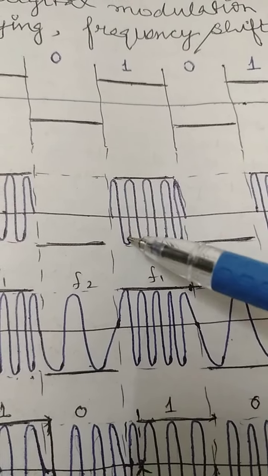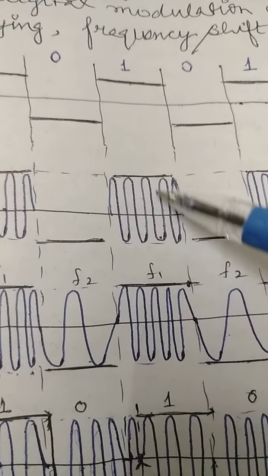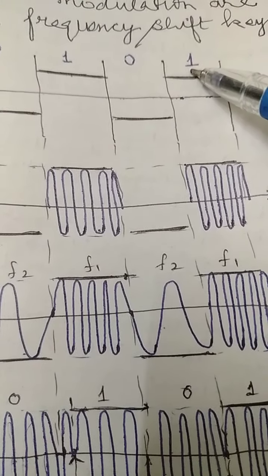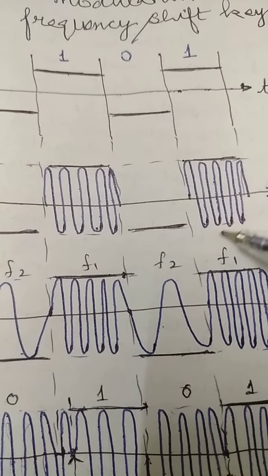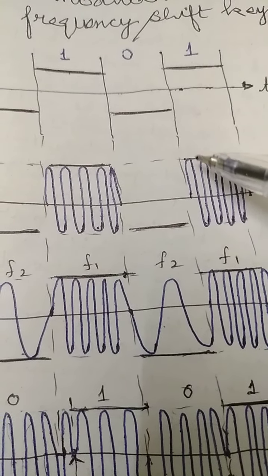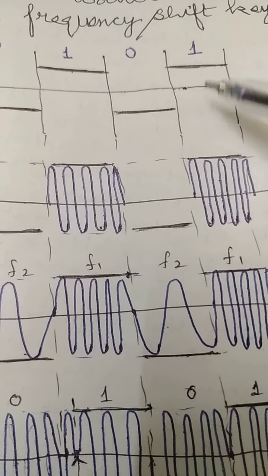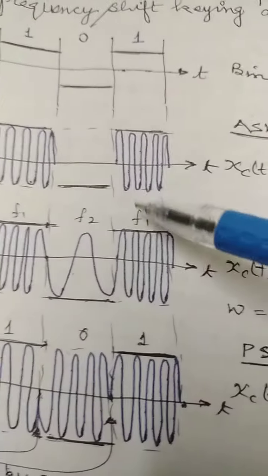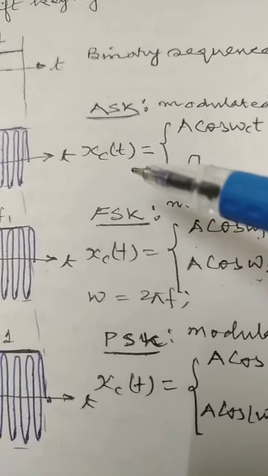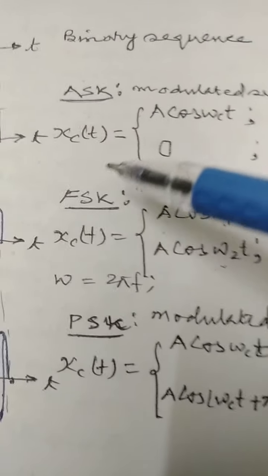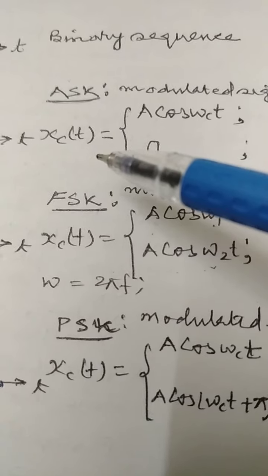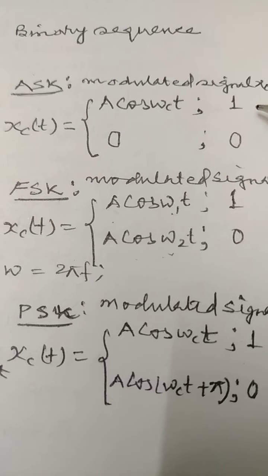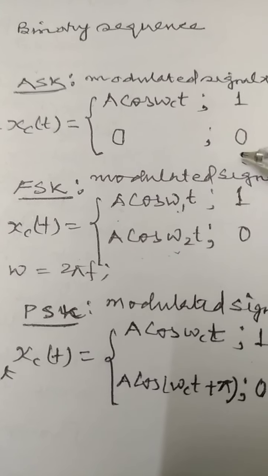For logic 1, one signal has been applied of fixed amplitude and fixed frequency. This expression we have written here: Xc of t, that is the amplitude shift keying modulated signal, is represented by A cos omega ct for logic 1 and no signal for logic 0.